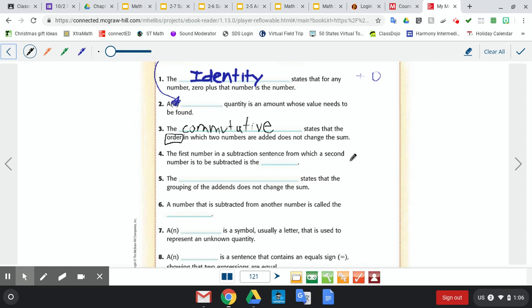The first number in a subtraction sentence from which a second number is to be subtracted. Well, what I want to pay attention to is this, the first number in a subtraction sentence. So when I'm doing something like 9 minus 3, that first number is going to be called the minuend.